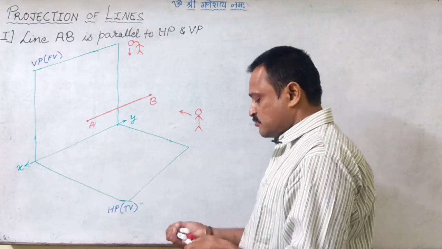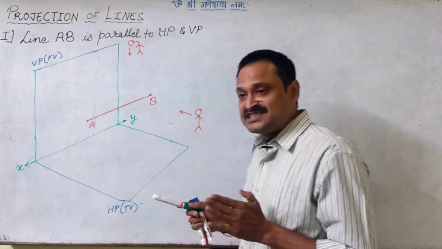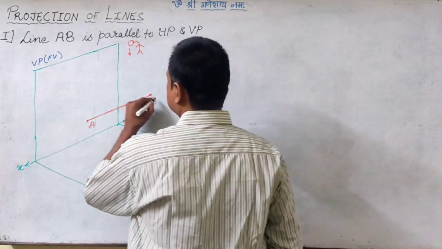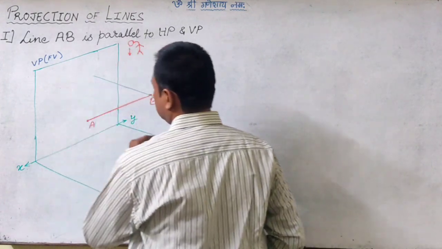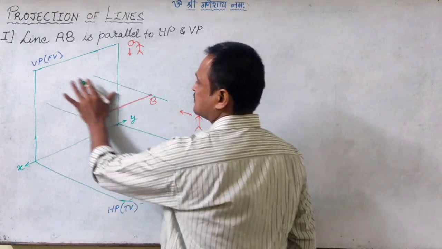So the projectors for the front view will be parallel to each other, and definitely perpendicular to the plane on which we are getting the image. Let us say these are the projectors.